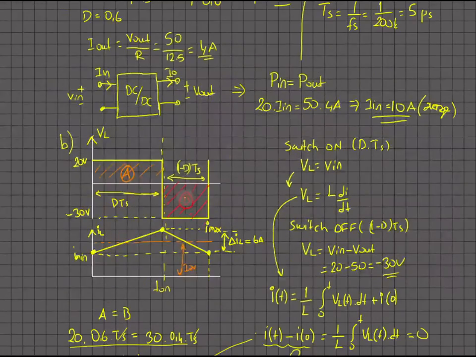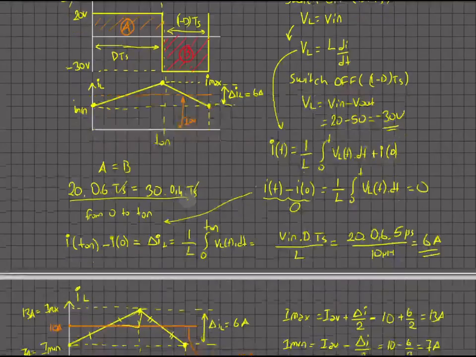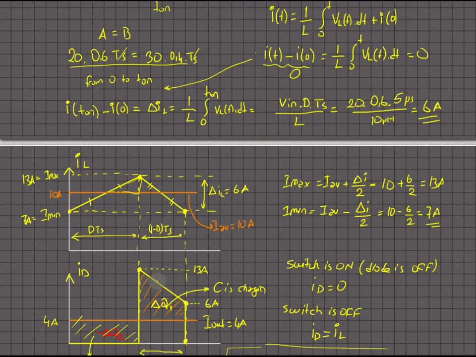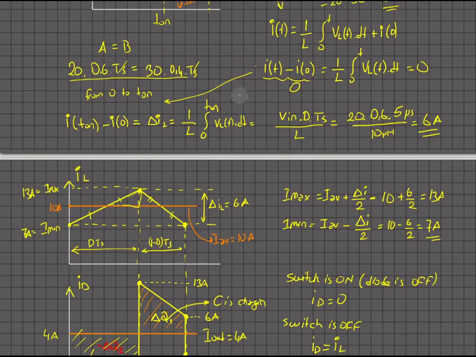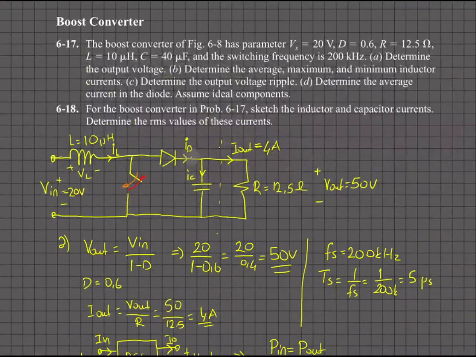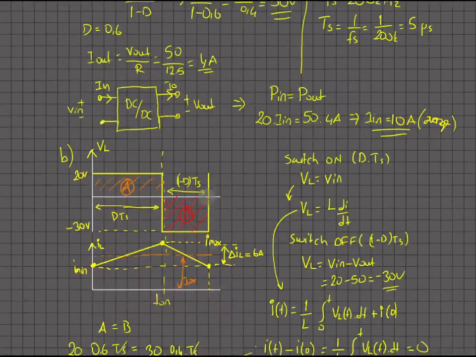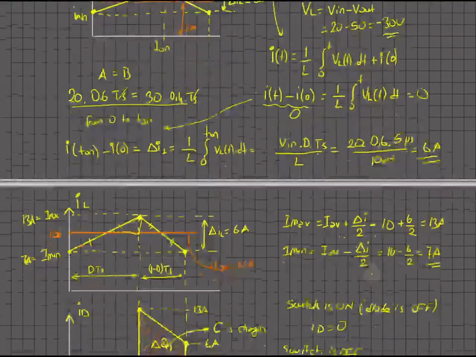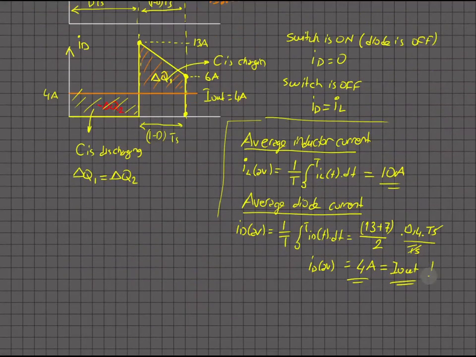Sometimes I am giving more current, but sometimes I am not giving any current at all. But on average that is equal to 4 amps. So in that way, the amount of charge getting into the capacitor and the amount of charge getting out of the capacitor are equal, right? So this is an important feature.